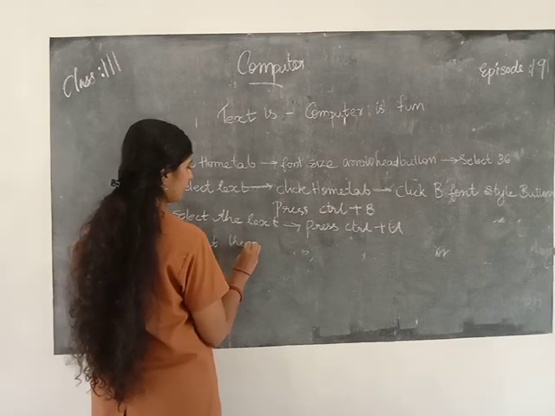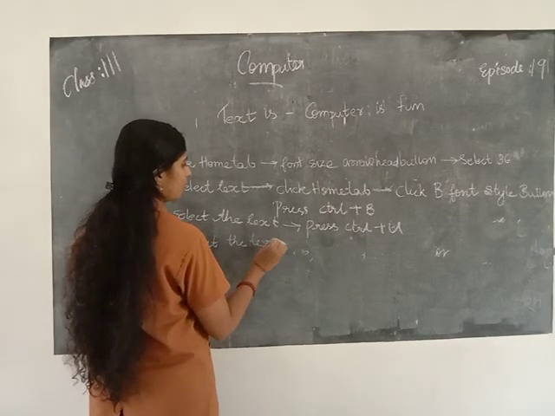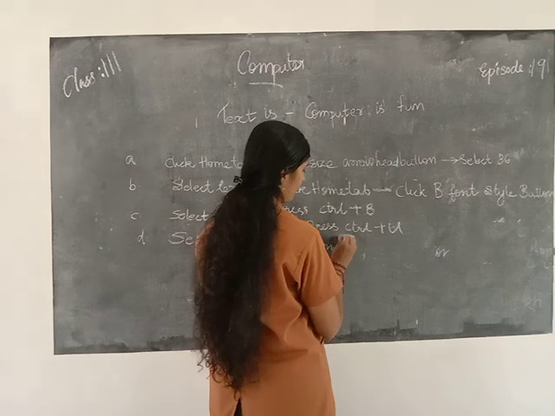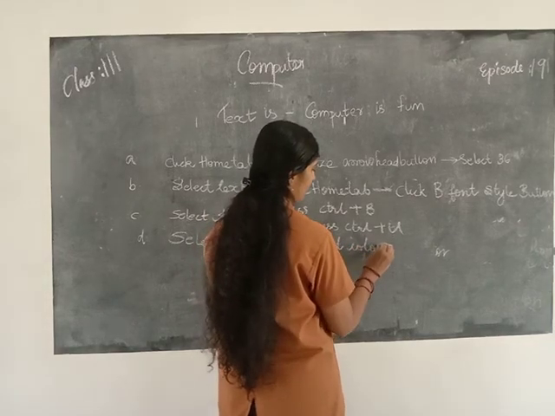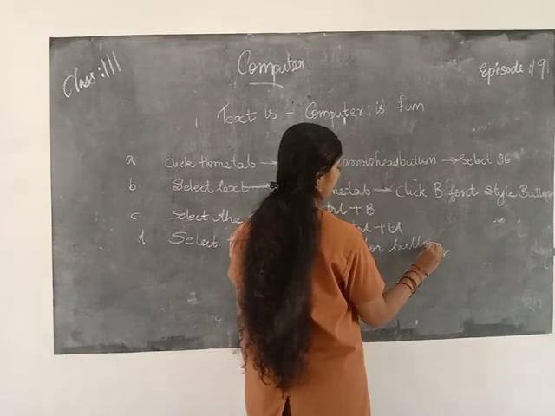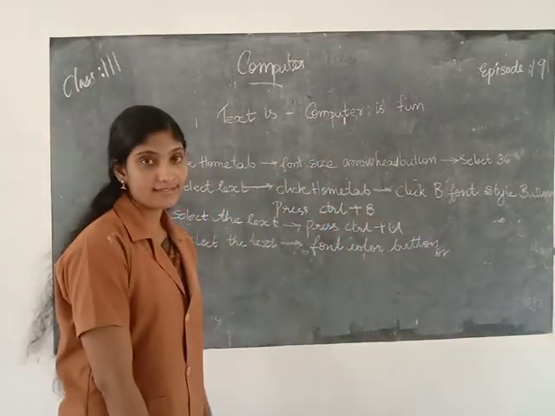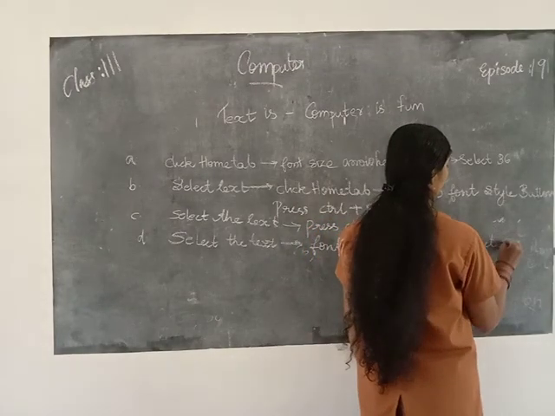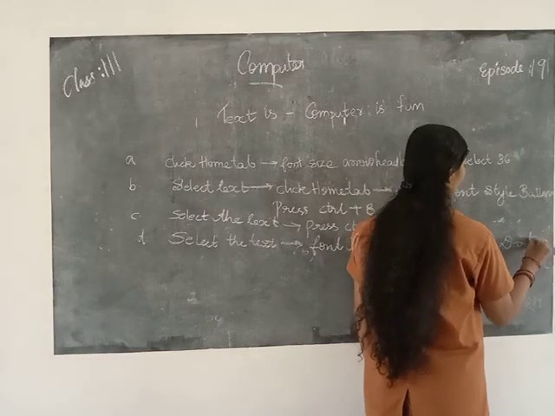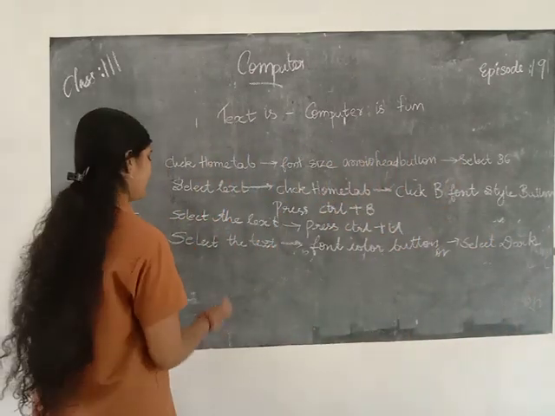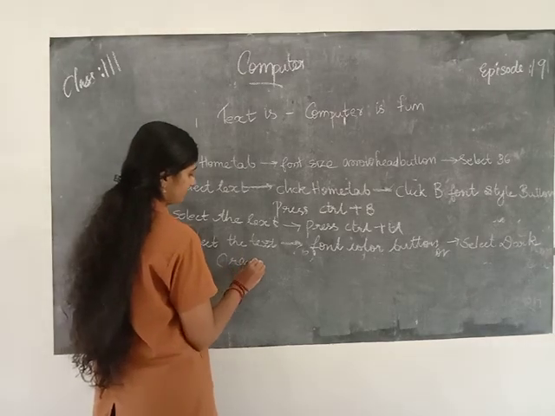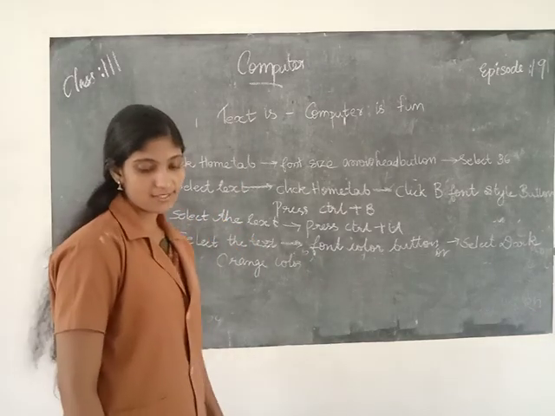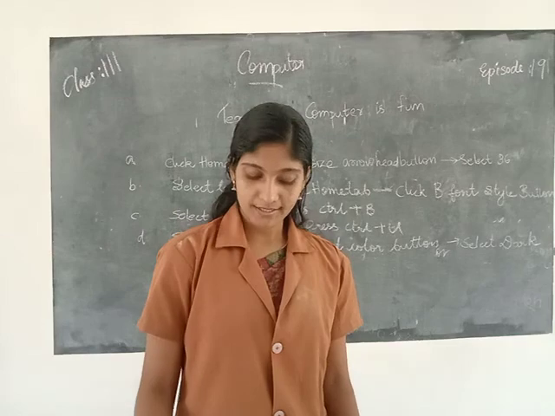Then we know the font color button, that is letter A. Then select the color dark orange, so that the color of the text becomes orange.